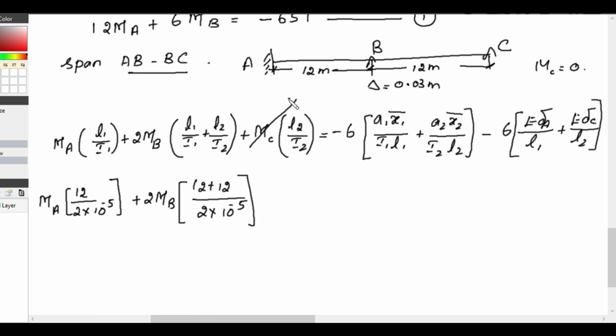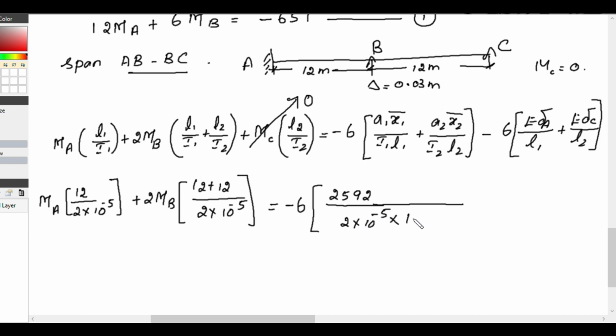So MC is 0, equal to minus 6 into A1 x1 bar is 2592 by I1. See here I1 and L1 are the same, so I is 2 into 10 raised to minus 5.